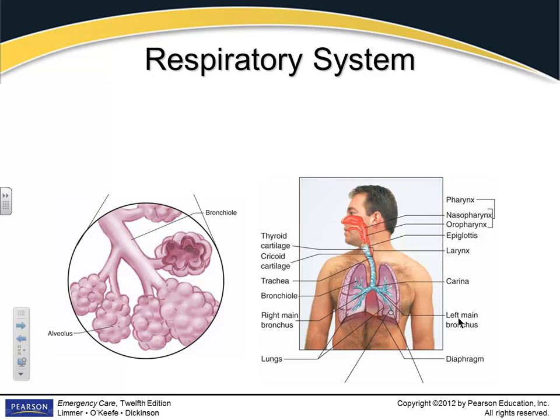So it's going to open to let air in, it's going to close anytime you swallow, right? Try that yourself. You can feel your epiglottis closing if you swallow. So, as we sit here, what do you think the position of the epiglottis is?